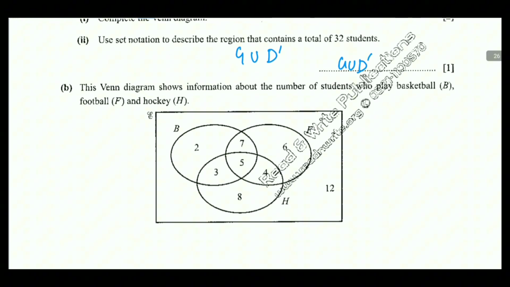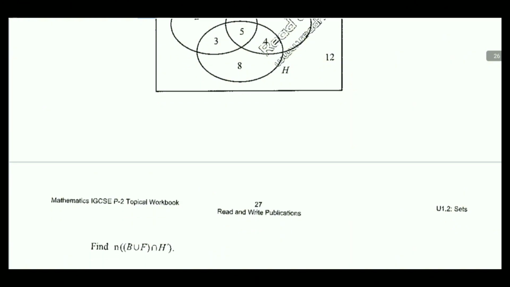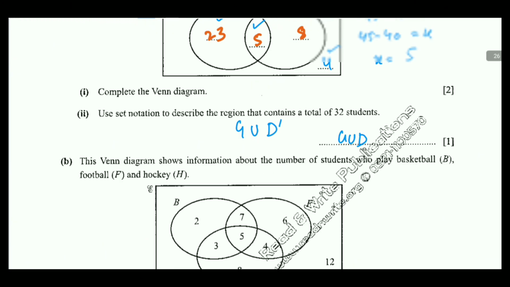Okay, next part. This Venn diagram shows information about the number of students who play basketball, football and hockey. What we have to do: find the number. Again they are asking to find n, meaning the number of elements of this set notation. So find the answer of this part and write the number of elements of that set.